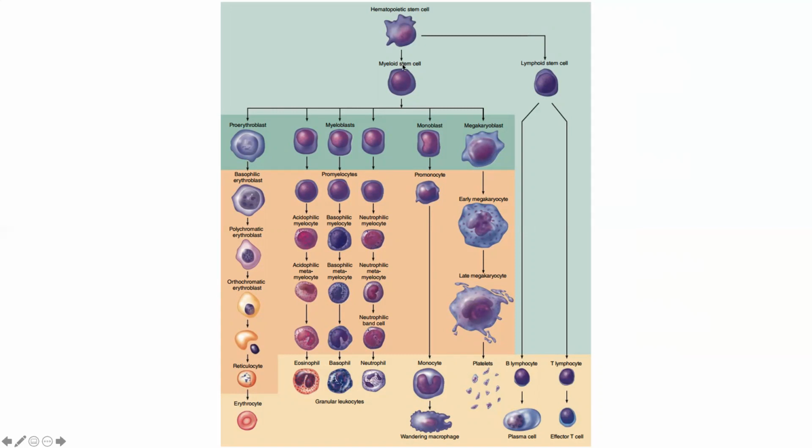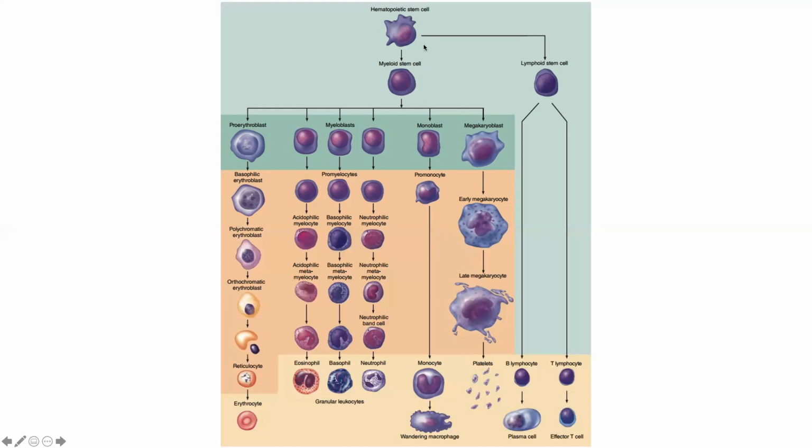Myeloid stem cell will develop into pro-erythroblast, which is the precursor of red blood cell, myeloblast, which is the precursor of granulocytes, monoblast, which is one of the agranulocytes, and platelets.